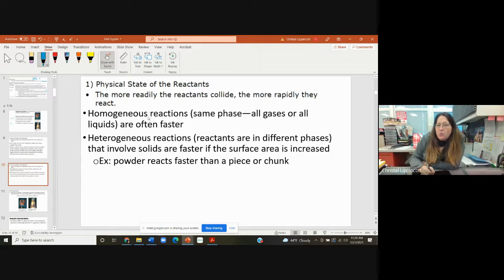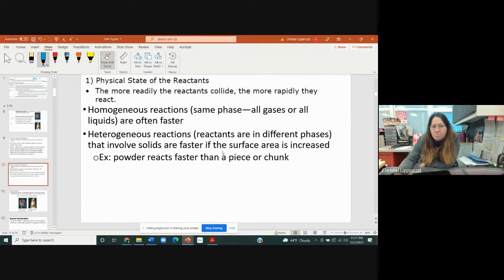Homogeneous reactions, where everything's in the same phase, are often going to react faster as well. If everything is all gas or all liquid, they're going to tend to react faster. Heterogeneous reactions then, where they're in different phases, involve solids. If you increase their surface area, then you're going to end up having those react faster as well. And we already talked about surface area.